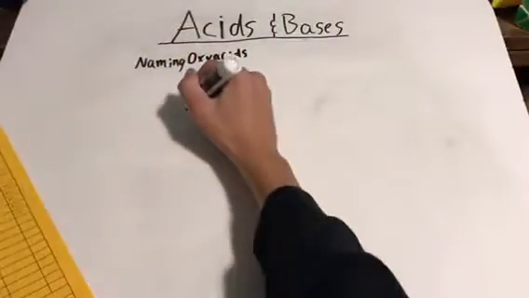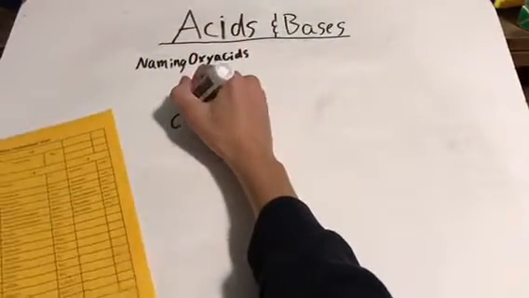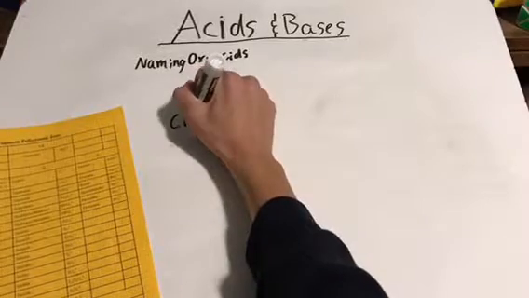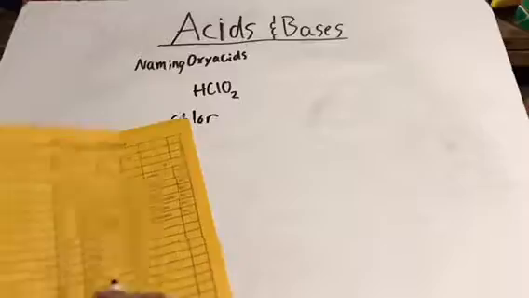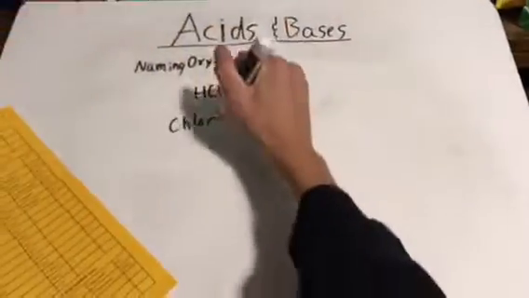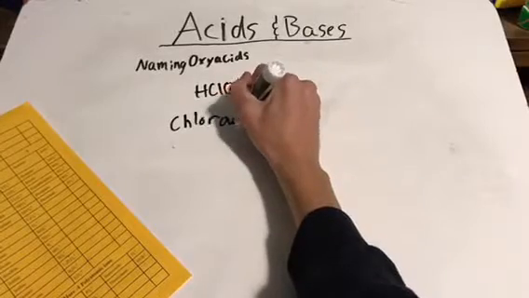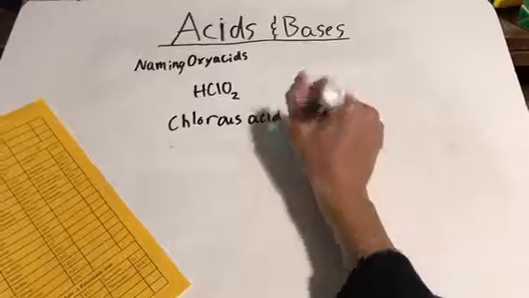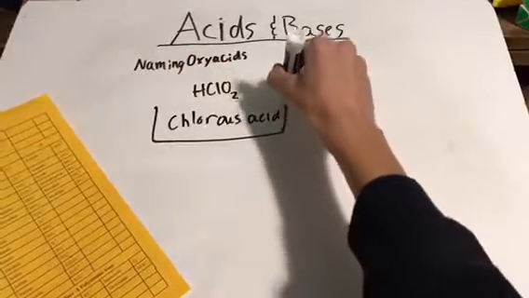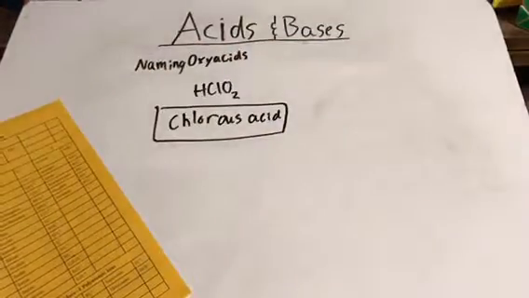So you write the root of chlorite, chlor, and then you change the ending accordingly. Chlorite, ite, goes to us. So it'd be chlorus, and then you add the word acid. There's the name. Chlorous acid.